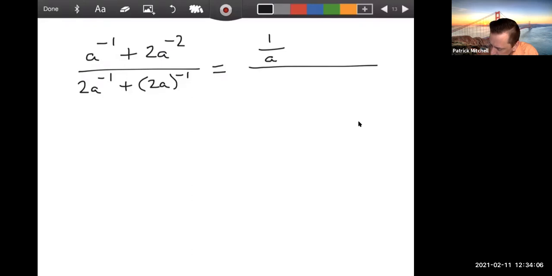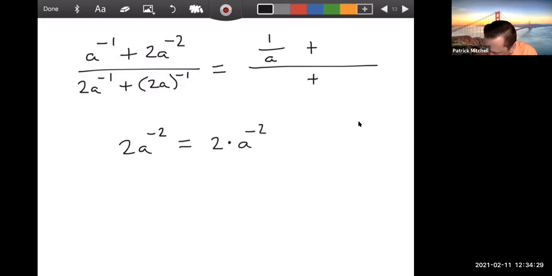Now, where people tend to get confused is when I get to something like 2a to the negative 2. Let's talk about that down here. Notice this negative 2 power does not apply to the 2. It only applies to the a. So you want to make sure you think of this as 2 times a to the negative 2.